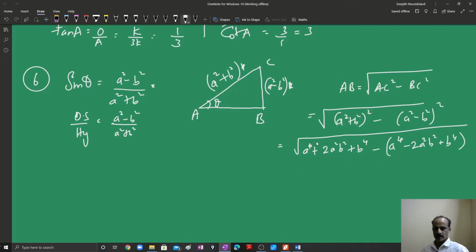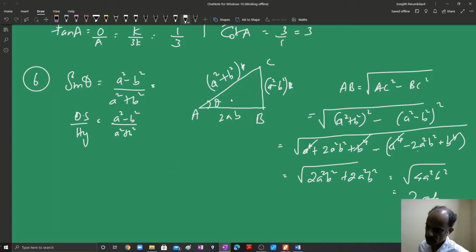When I open the bracket, I can cancel these terms. This will be equal to 2a square b square, negative of negative, plus 2a square b square, that is equal to root of 4a square b square. So it will be 2ab.